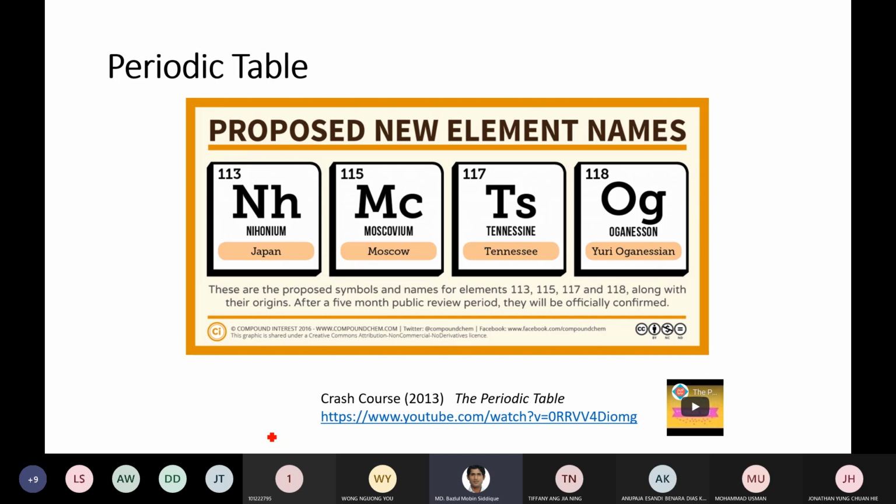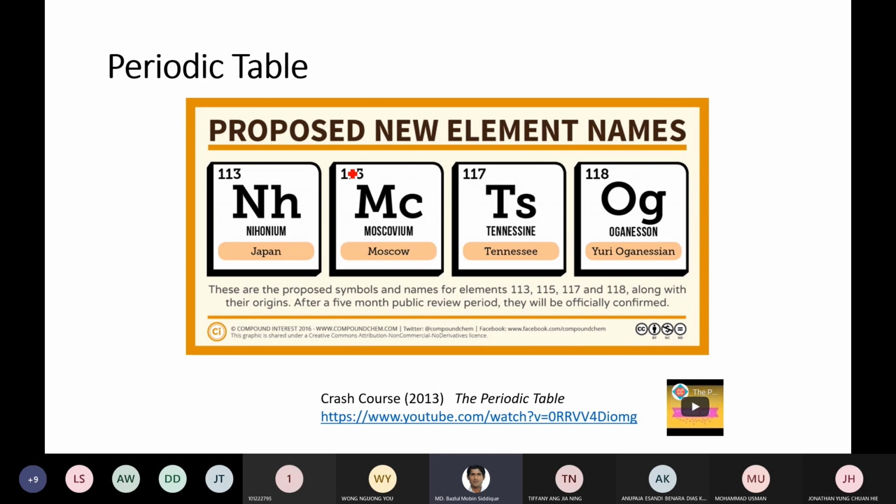And from 113, 114, 115, 117, 118, these elements have been named, and they were developed rather than found, in these places. So based on the places where they were developed, they were named: Japan, Moscow, Tennessee, and so on.